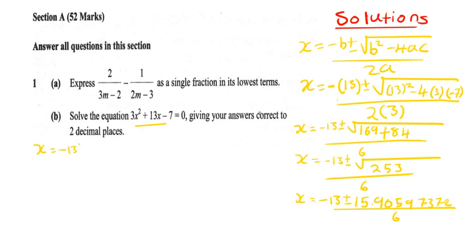Now you start with positive, because you have positive or negative, so you just say positive 15.9059737 like that, and then x will be equal to negative 13 plus 15.9059737 like that, and then you say equal to the answer.